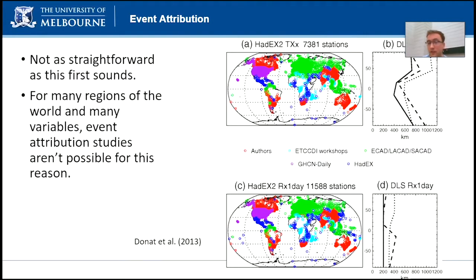But if we look at other variables that we might be interested in, like soil moisture, if we are interested in droughts, for example, the observations become much sparser. So it's definitely a challenge if we're looking beyond things like temperature, precipitation, or mean sea level pressure; it becomes a lot harder.